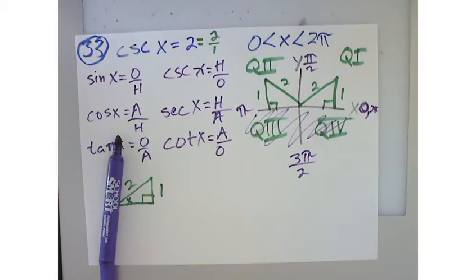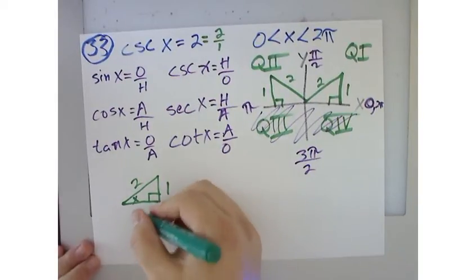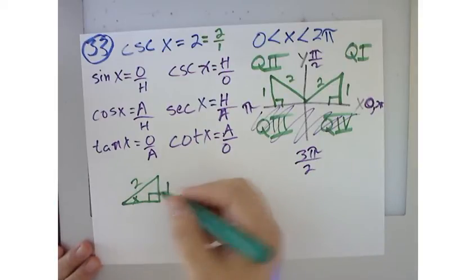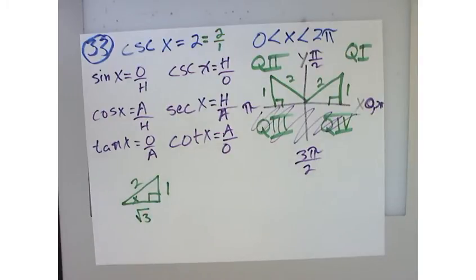Is it 45 in any triangle? Well, think of it like this. If you've memorized your triangles, what angle is this? It's a right angle triangle, but what would this number be? 30, 60, 90, right?